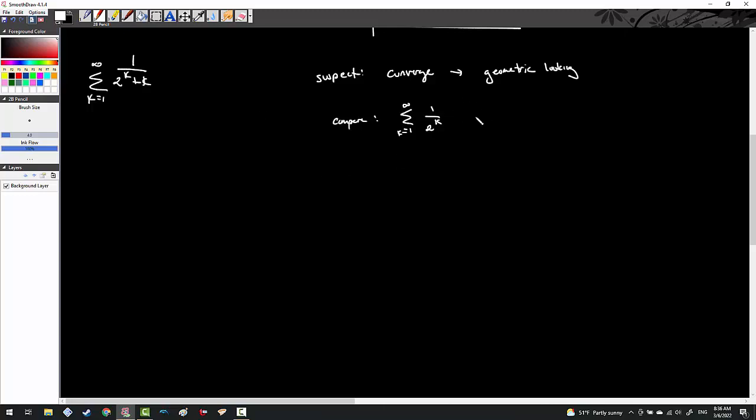And what do we know about this thing? This is a geometric series that converges. And I have to say why: because the absolute value of r is less than 1. This could actually be seen as the sum from k equals 1 to infinity of (1/2) to the k power.